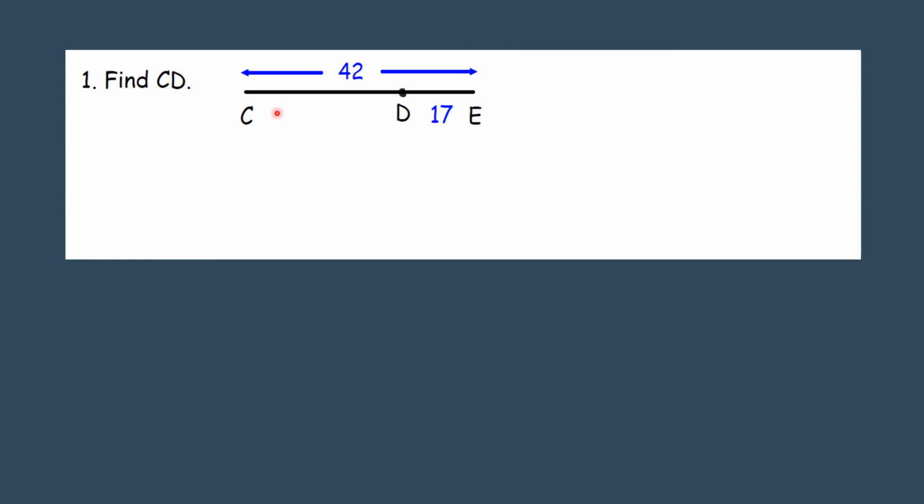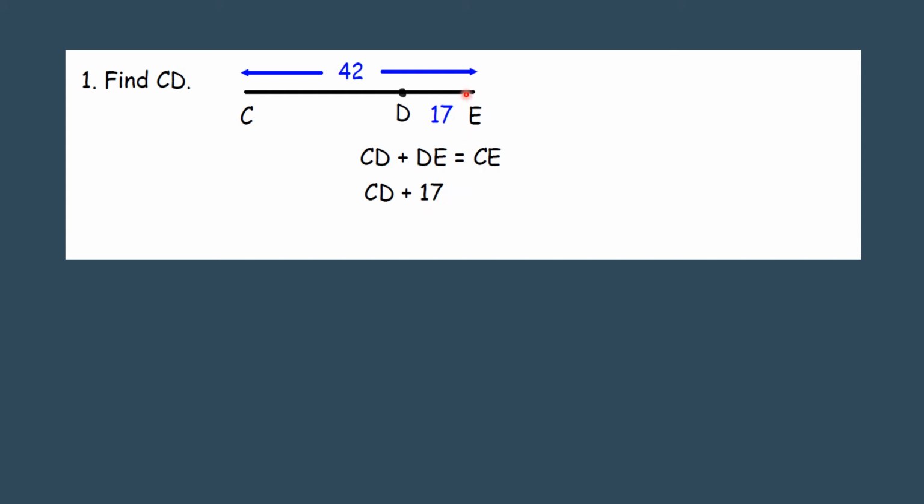So first we have the length from C to D. We write that down. Plus, then we have the length from D to E equals the length from C to E. Then we're going to substitute. The length of CD is not given, so we just write it down again. The length of DE is 17, so we substitute.